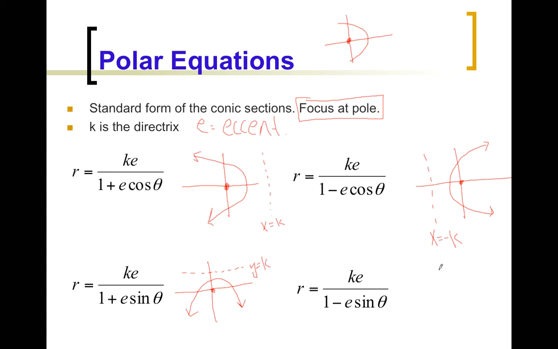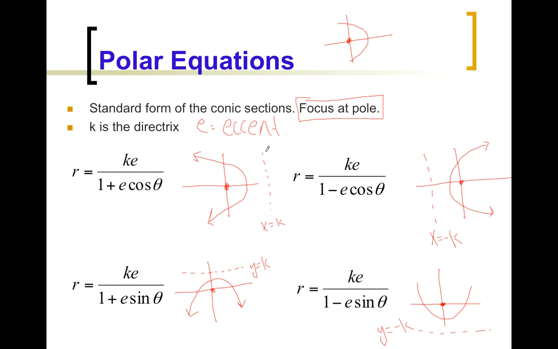And the last one is the up version, if you want to call it that, where we have the directrix y equals the opposite of k. All right, so what you need to know is how each of these equations is going to be oriented, or what the equation is going to be.